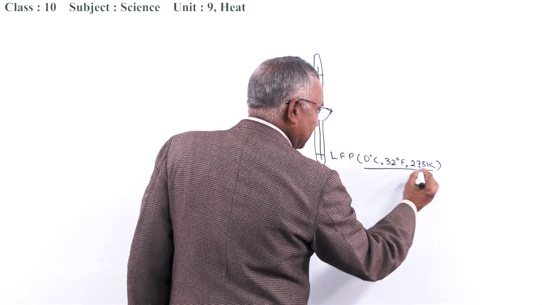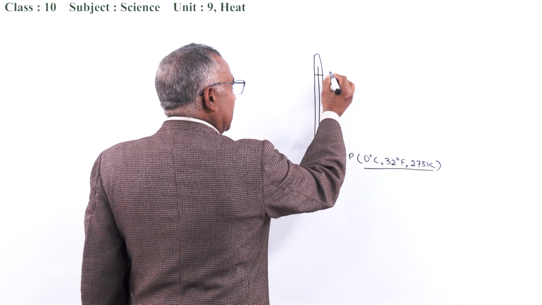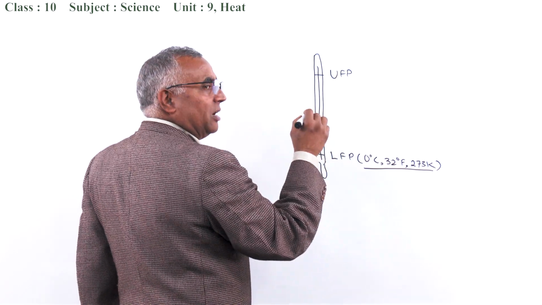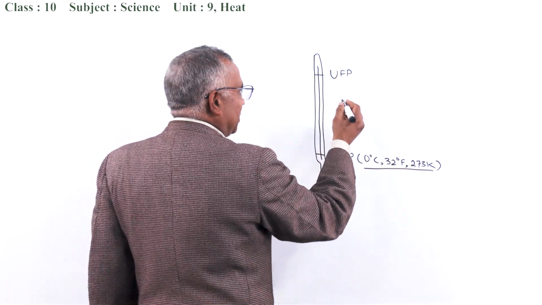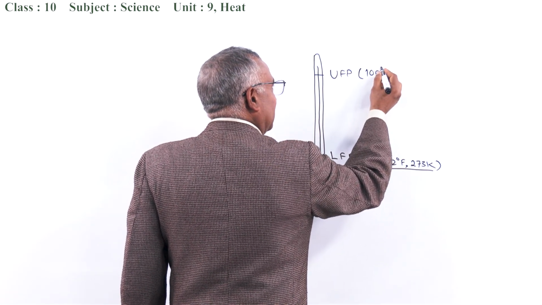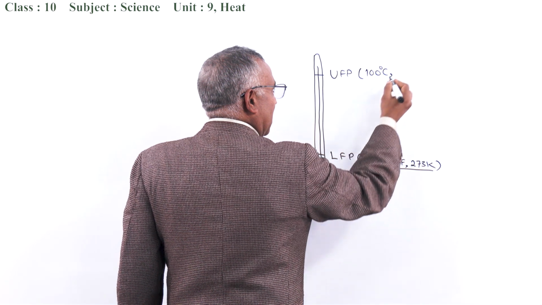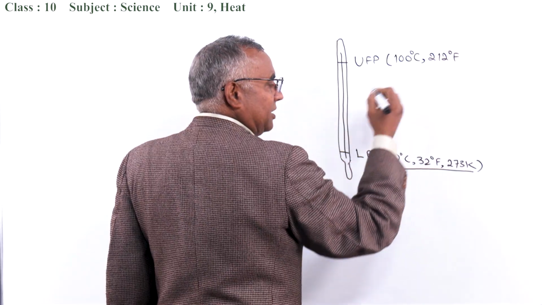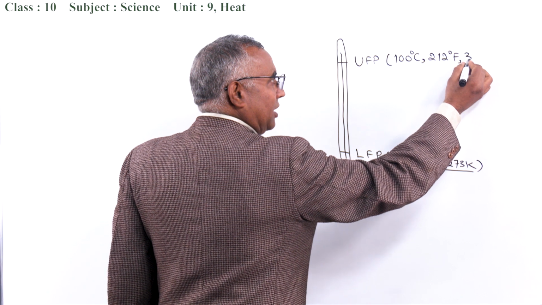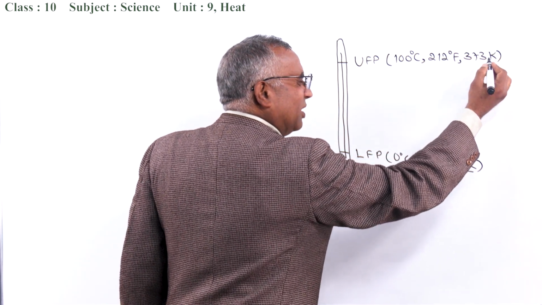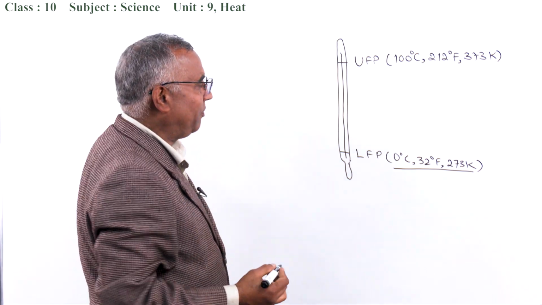Yes. So, that is the lower fixed point. And the upper fixed point is the boiling point of water, or you can say the temperature of steam at sea level, that is 100 degrees Celsius or 212 degrees Fahrenheit or 373.15 Kelvin, but we write only 373.